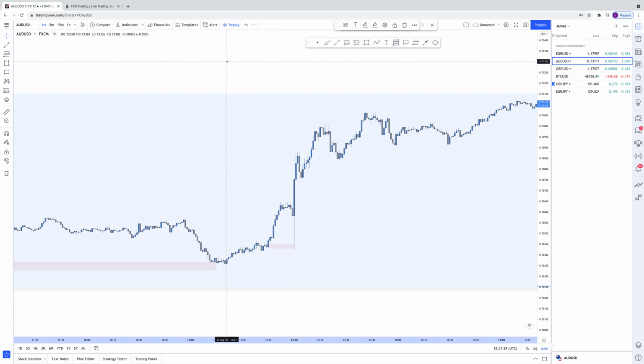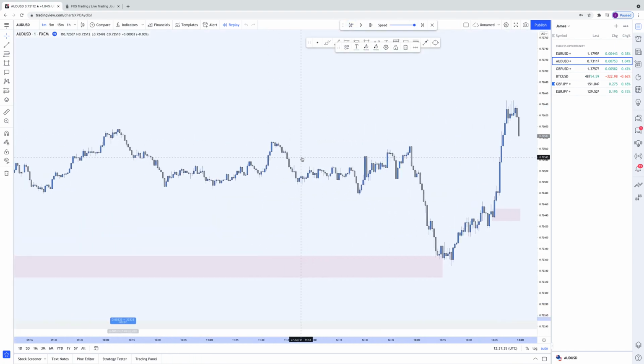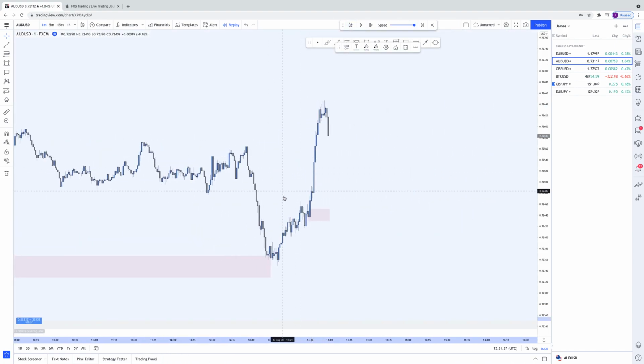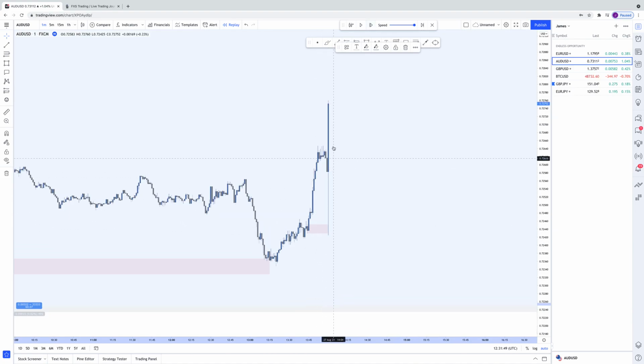And if I just use the replay tool for a second, we can come into before that news came in. So we broke structure, we left imbalance, and it really started from this move here. Then you can see that's what price came back into, and then we reversed.